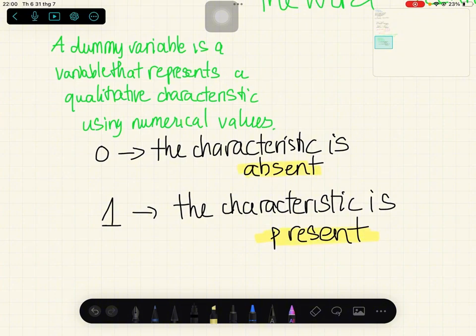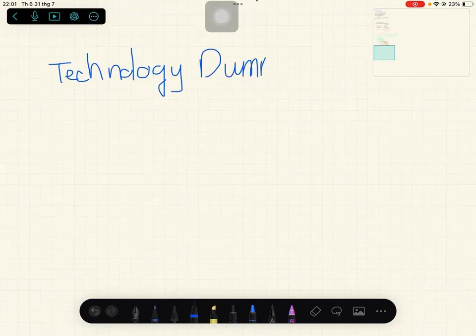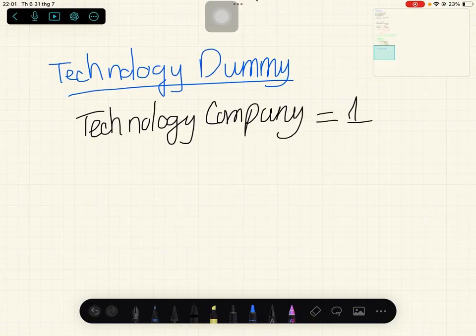So for example, suppose we want to study whether technology companies have higher valuation multiples. We create a technology dummy. Technology company equals 1. Non-technology company equals 0.